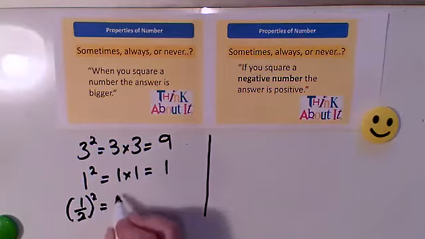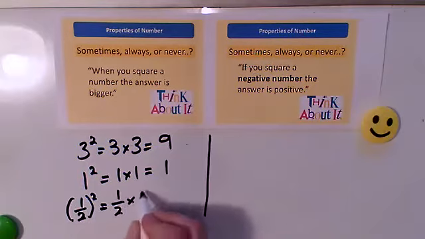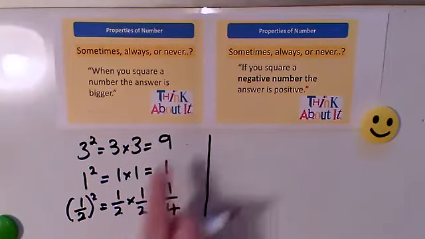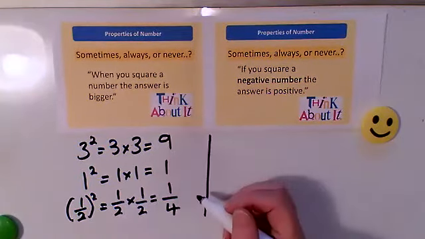So squaring a half would be a half times a half, which is a quarter. So this would give me a number that is smaller than the number I started with. So the answer to sometimes, always, or never for this one is sometimes.